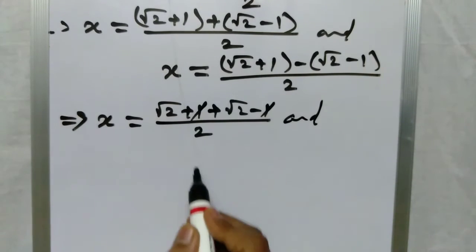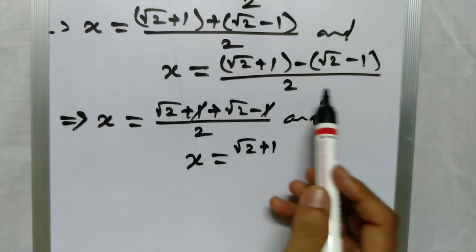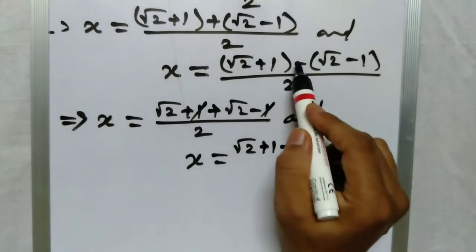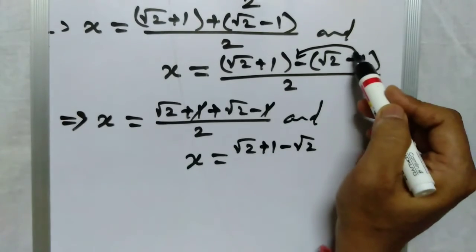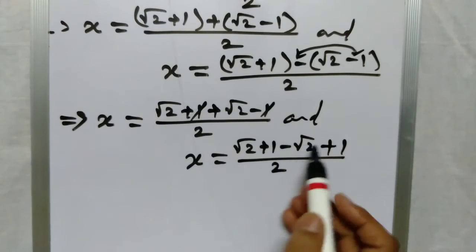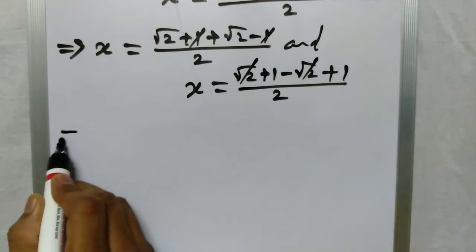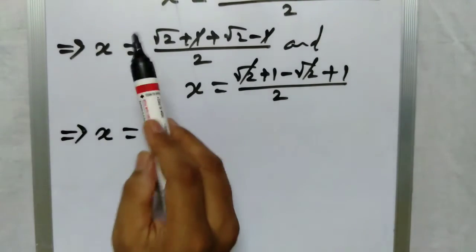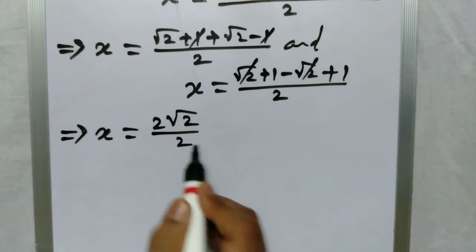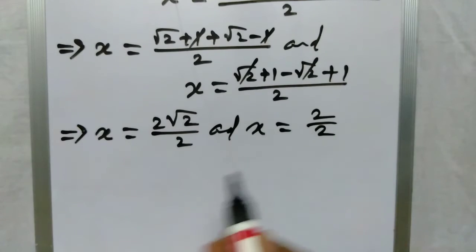and x is equal to root 2 plus 1, multiplying signs, minus root 2, minus into minus, plus 1, by 2, cancelling root 2. It implies that x is equal to, adding root 2 and root 2, we get 2 root 2 by 2, and x is equal to 1 plus 1, 2 by 2.